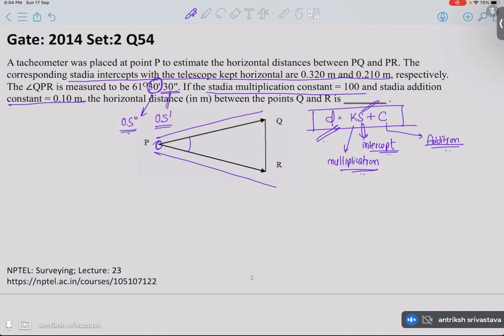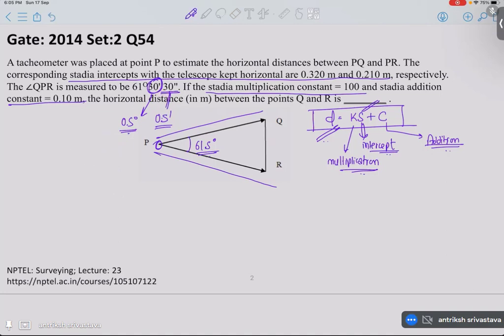So we have some rough estimate. We don't need to be very precise. Let's just say that is 61.5 degree. The 30 seconds divided by 60 will be a very small value when it comes to degrees, so let's just ignore that and go ahead with our formula.